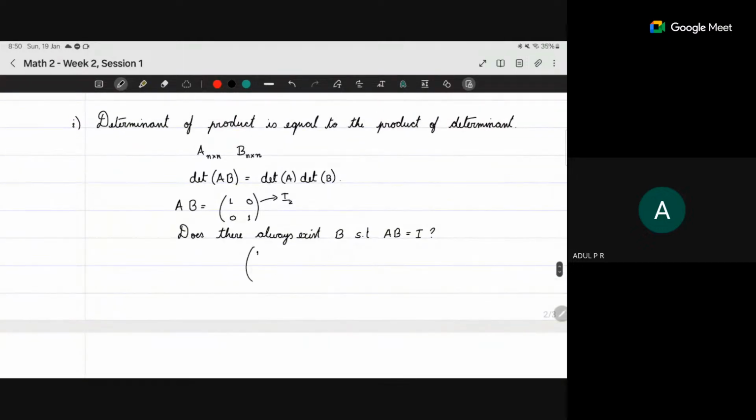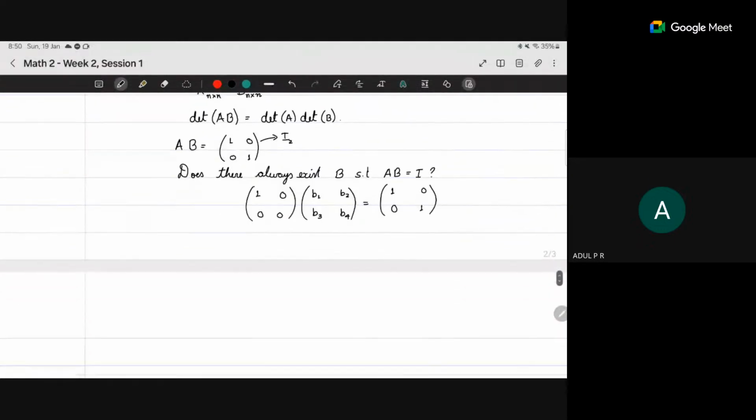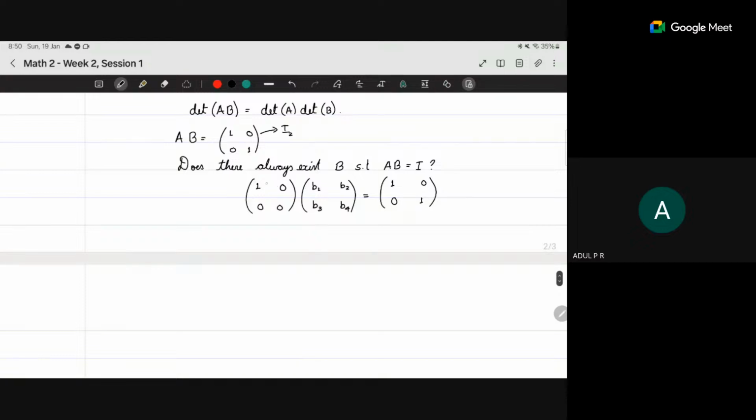So let's take, for example, [[1,0],[0,0]]. This is my A. Now, if I want a B, I'll just call this B1, B2, B3, B4. If there is something like this, then what should happen? If I do the product of this with this, I'll get [[B1,B2],[0,0]], correct? And this has to be equal to [[1,0],[0,1]]. But this can never happen because these entries don't match, correct?